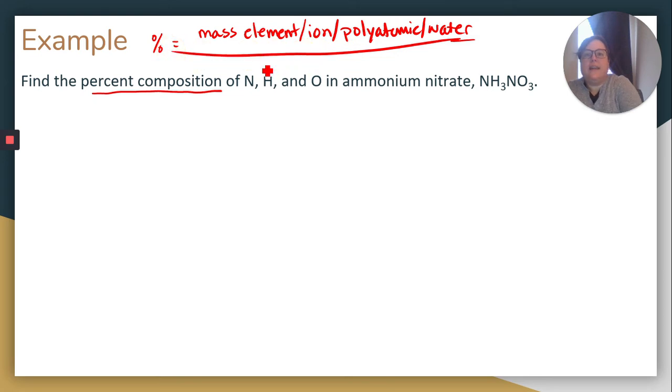And you're going to divide it by the mass of the whole compound. And then multiply by 100 to make it a percent. In Chem 1, we would say the part over the whole times 100.